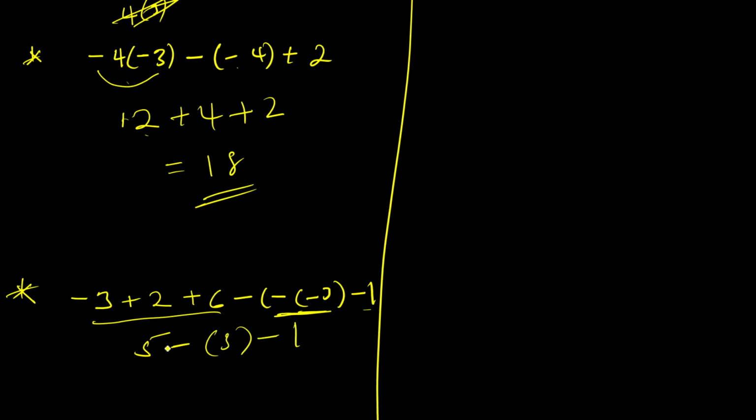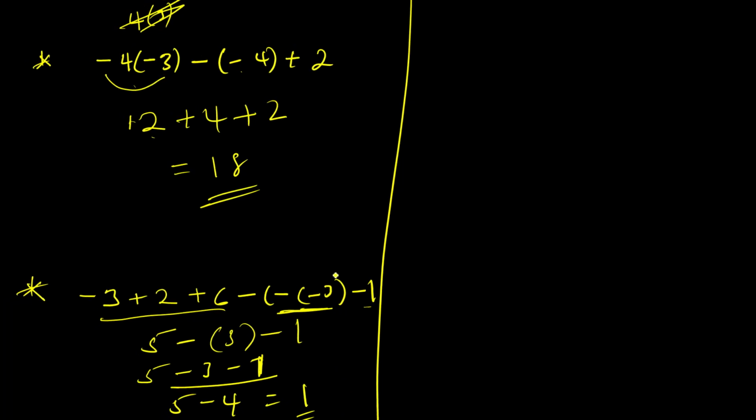So 5 minus 3 minus 1: minus 3 minus 1 is minus 4, so 5 minus 4 is 1.